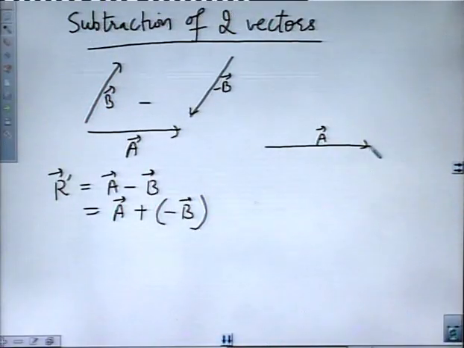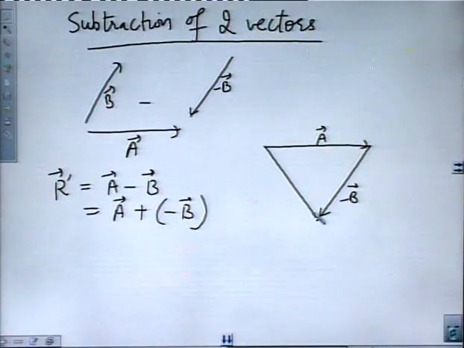This is A vector and the minus of B vector is this one. The vectors A and B give the direction along the clockwise direction, and the third side gives us the value of resultant R dash, which is equal to A vector minus B vector.